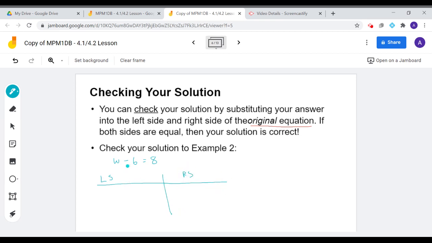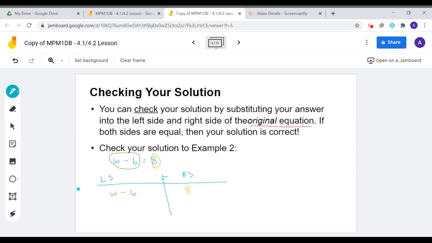On the left side, I'm going to write what was on the left side of my original equation, so that's w minus 6. And on the right side, I'm going to write what was on the right side of my original equation. So that's 8. It's like there's an equal sign in the middle.